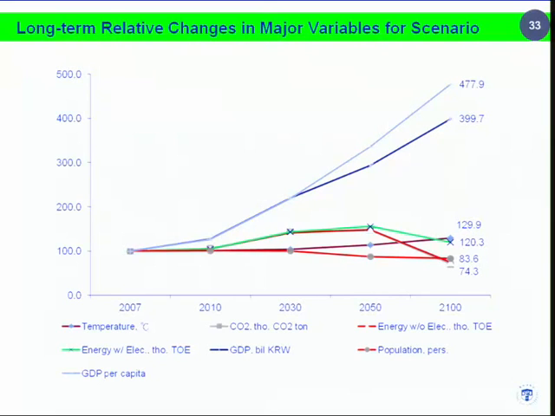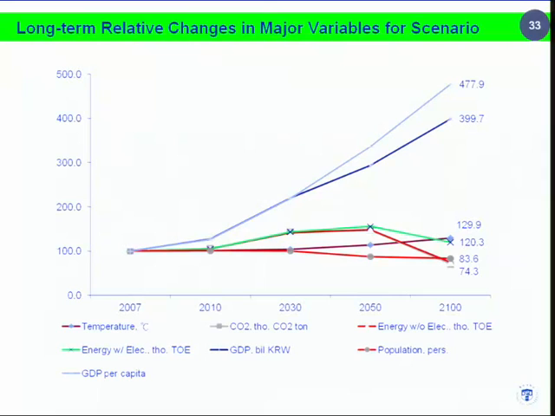So I made this one into an index of a couple of important factors. If you look at this one, the simple idea is like this. Economic growth and industry will increase. Say from the year 2007, the economy will grow, say, 4.7 times from now. That is value added, actually.